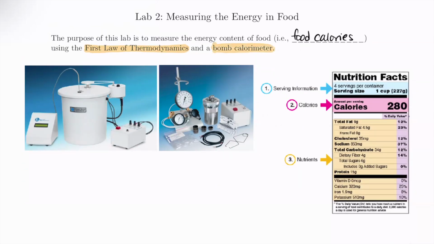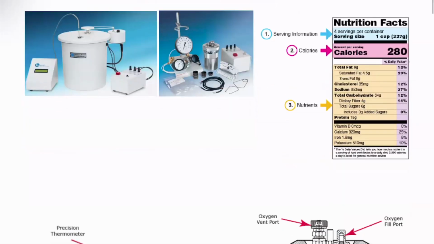It is called a bomb calorimeter because it is a bomb. So we are going to be building bombs of food in this lab, which is very fun. This is what the equipment looks like. I have a picture up here, but we have two setups over on the wall that you can see. We'll talk about that in a lot more detail in just a second.